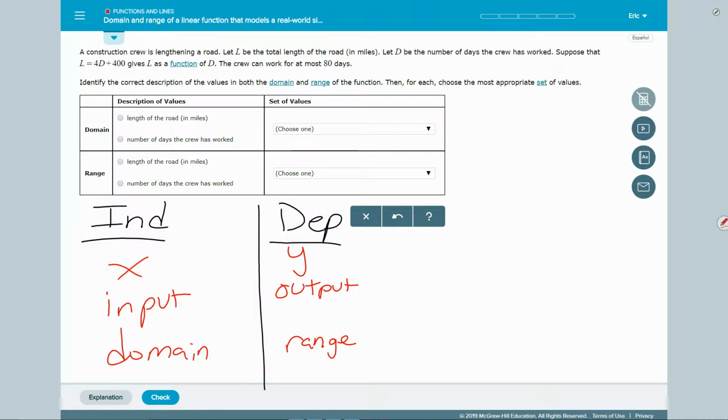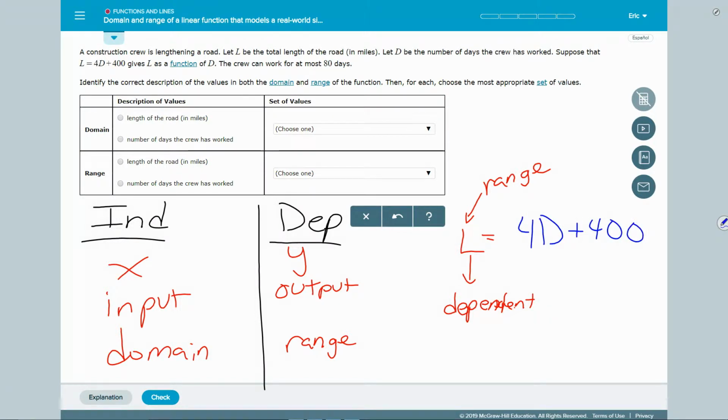Remember, dependent is what it equals. So in this example, L equals, this is our dependent variable, which makes it our range. Whereas in 4D plus 400, the D is our input, or our domain.